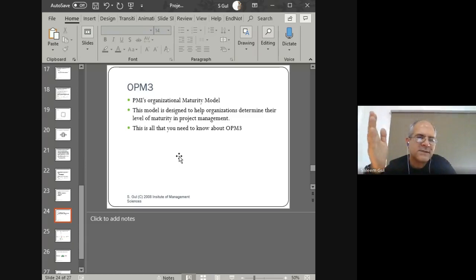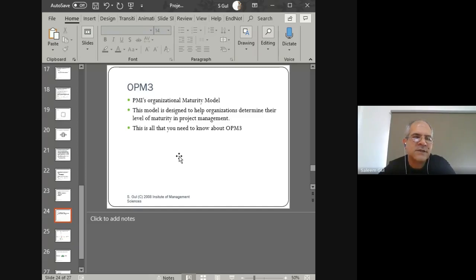Right. So the thought is that can we look at our projects and figure out whether we are a mature organization in the discipline of project management, or whether we are an immature organization in the sense of project management.